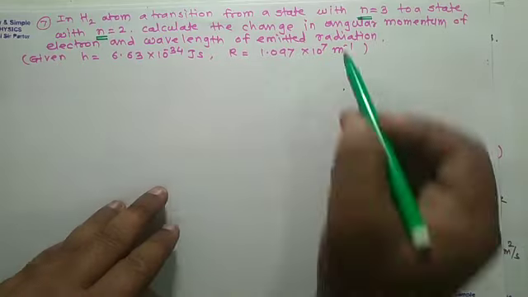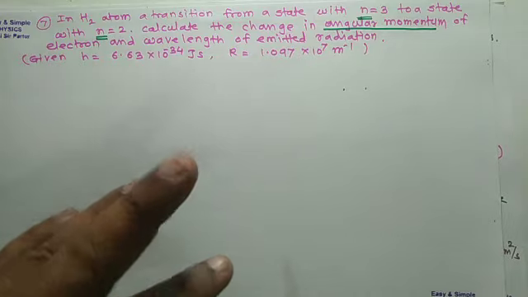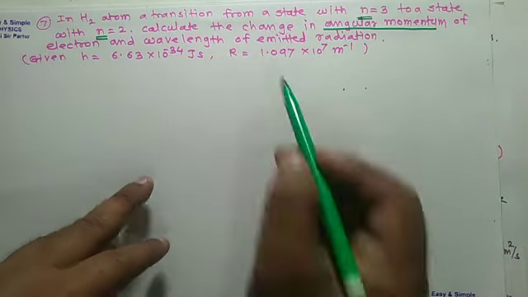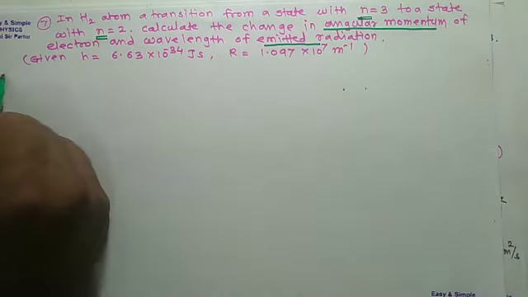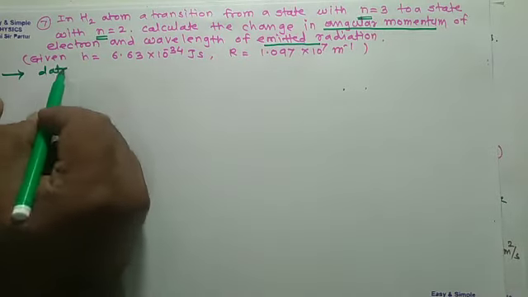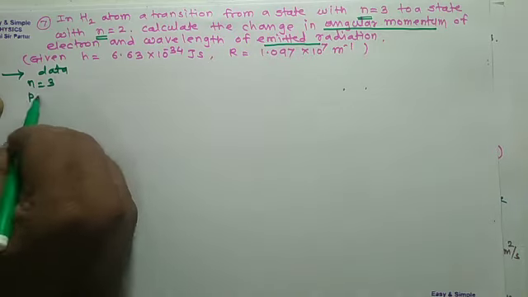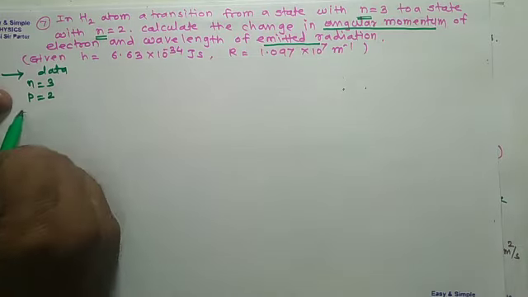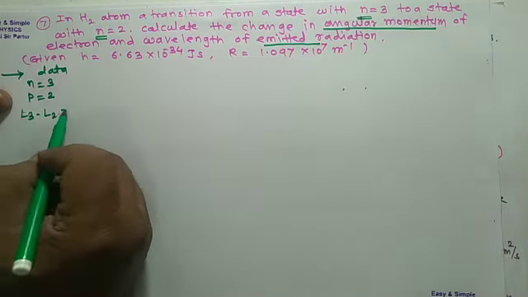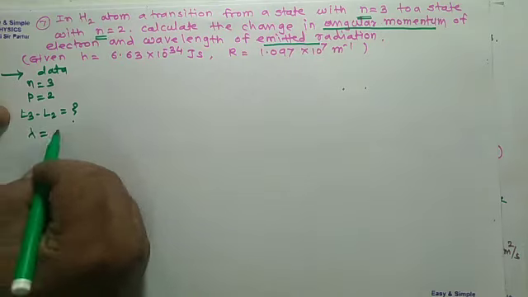Calculate change in angular momentum of electron and wavelength of emitted radiation. See here, if we write the data, it is written as n equal to 3, p equal to 2. Okay, we can find out L3 minus L2, that is the change in angular momentum, and here we can find out wavelength.